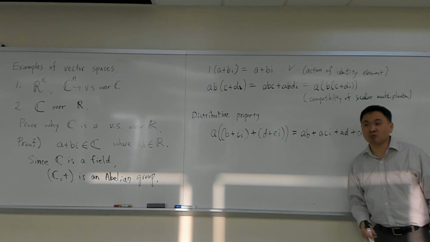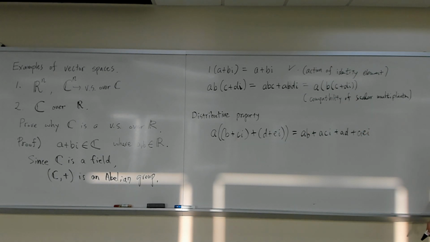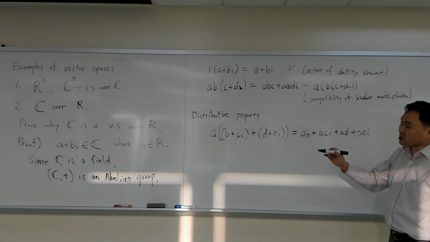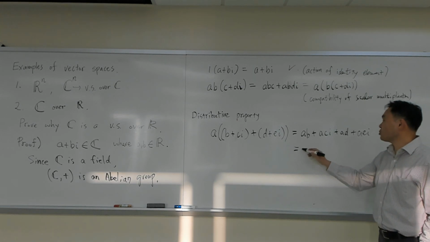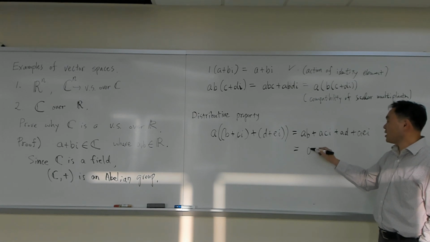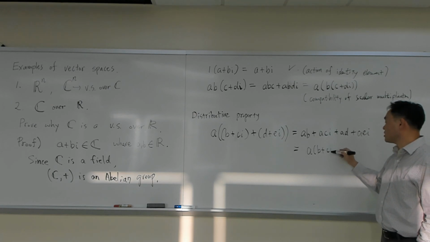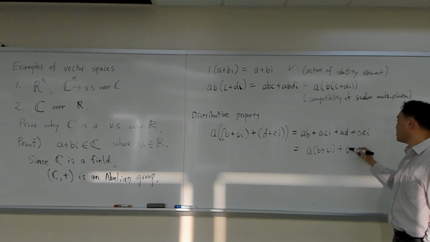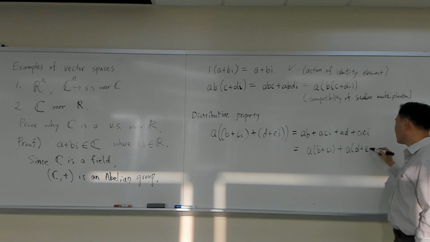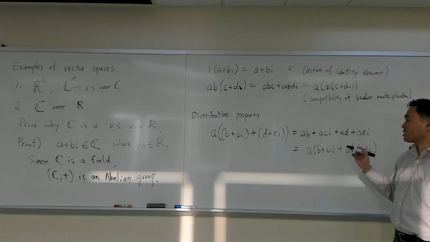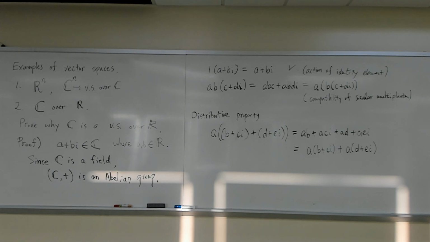If you just use the usual rule for addition and multiplication and distributive property in C, you get this. But you can rewrite this as a times (b + ci) plus a times (d + ei). So that says the distributive property is true.